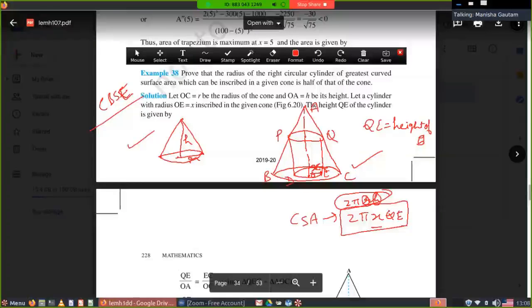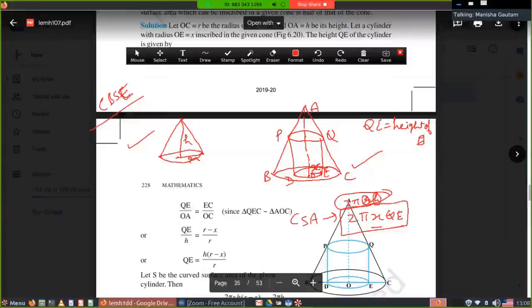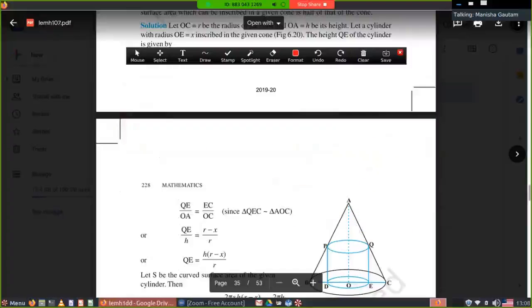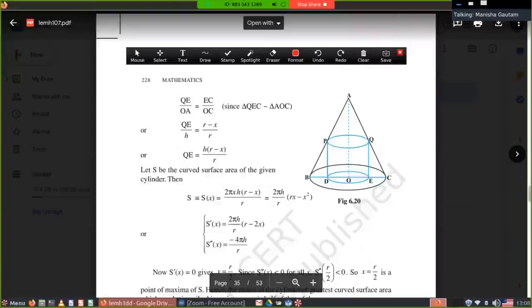Similarity of triangles. Here two triangles are shown. Now you can see triangle AOC and triangle QEC. This angle is common in both triangles, and these are two right angles.